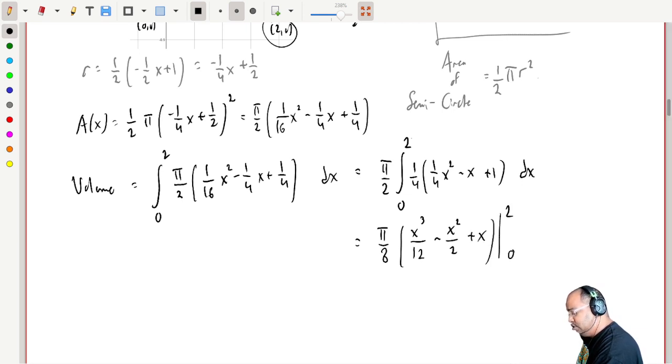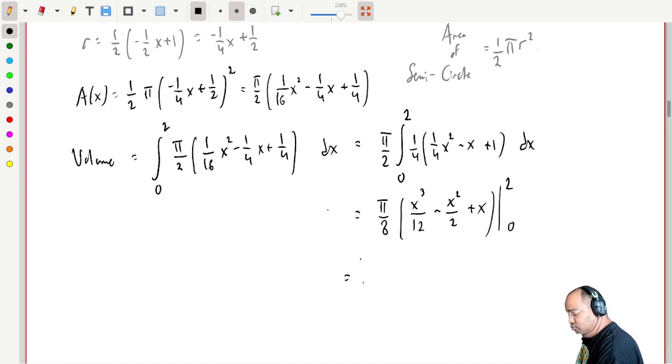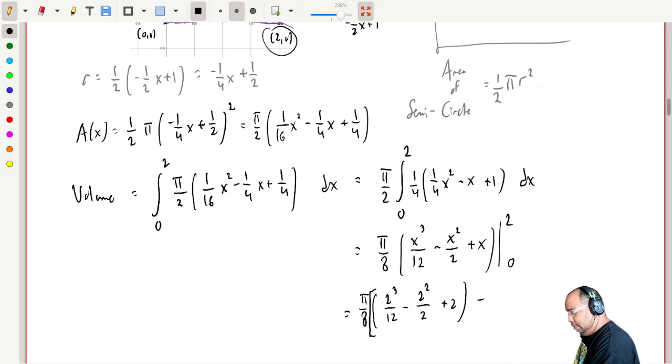Okay, evaluate between 0 and 2. And once again, good idea to write in what you're going to type in right before you type. 2 cubed over 12 minus 2 squared over 2 plus 2. And then minus everything at 0, but of course, when we evaluate at 0, you should be able to see you get 0.